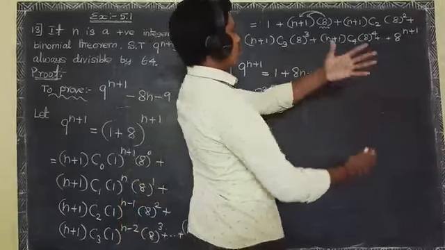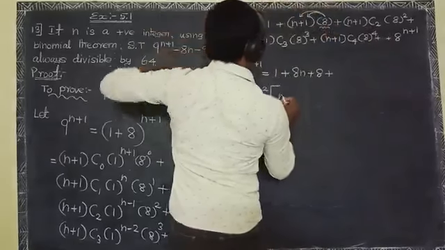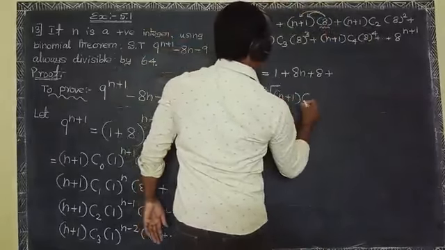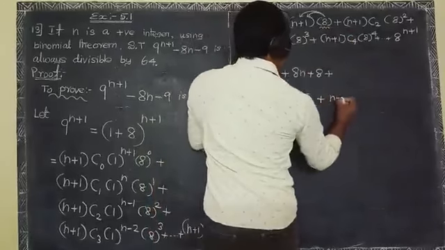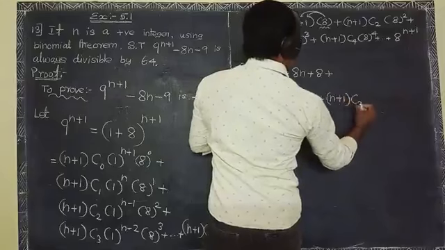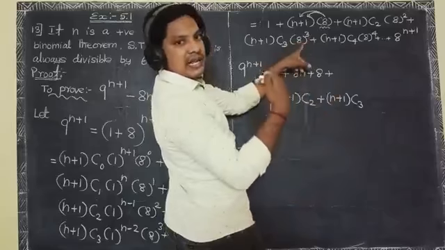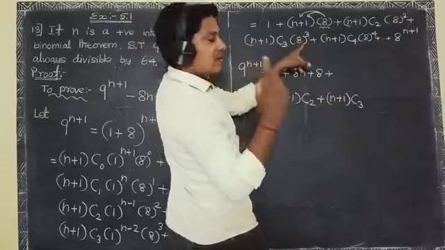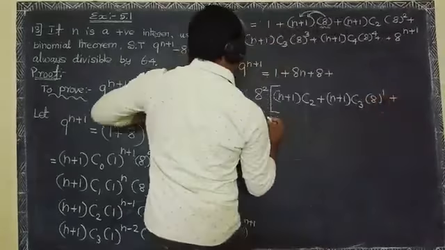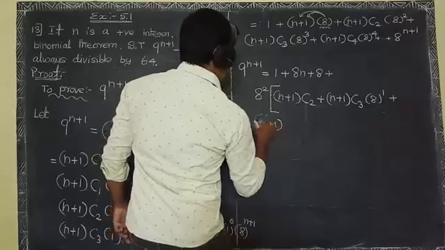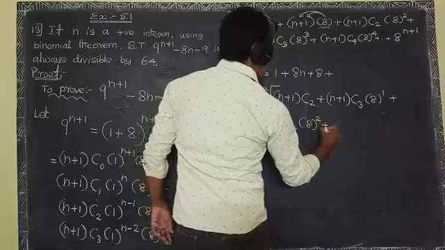The remaining terms are n plus 1 c2, plus n plus 1 c3 into 8 power 1, plus n plus 1 c4 into 8 power 2, and so on.